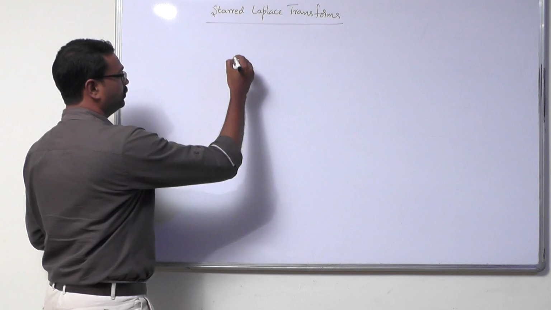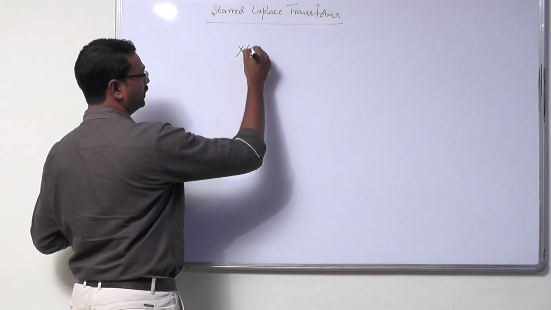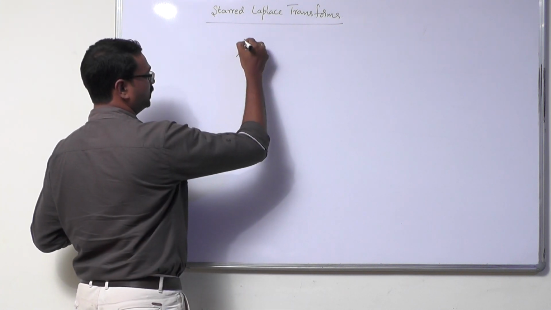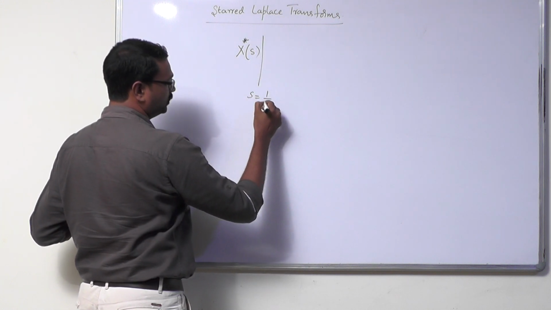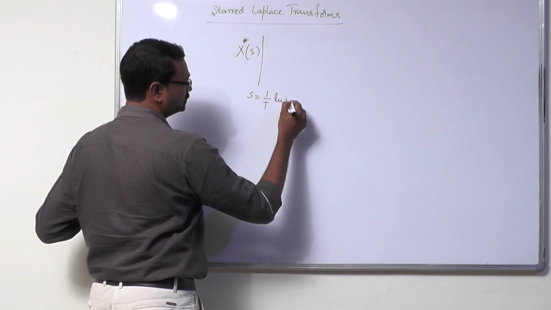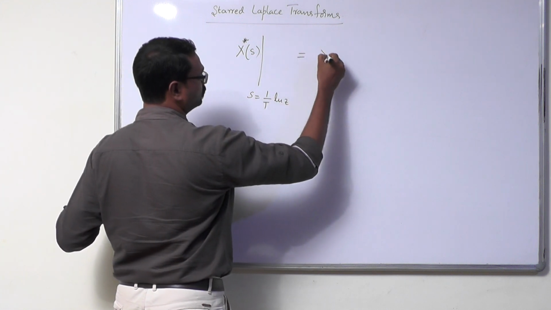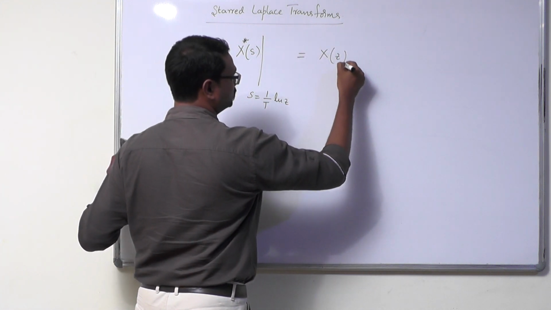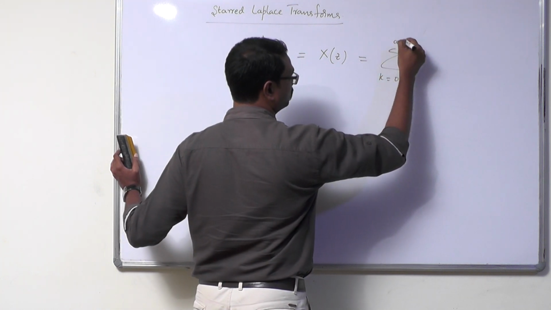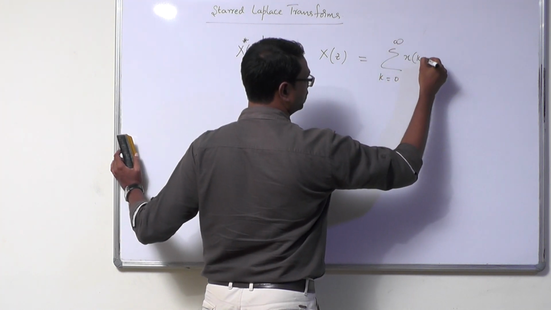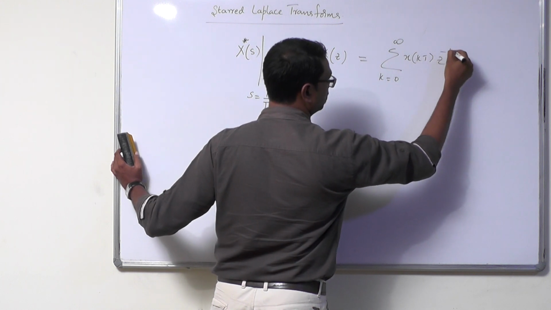Already we know a particular equation which we have derived, which is x star of s when s is equal to 1 by t ln z. This is equal to x of z, which is equal to sigma k is equal to 0 to infinity x of kt z power minus k.